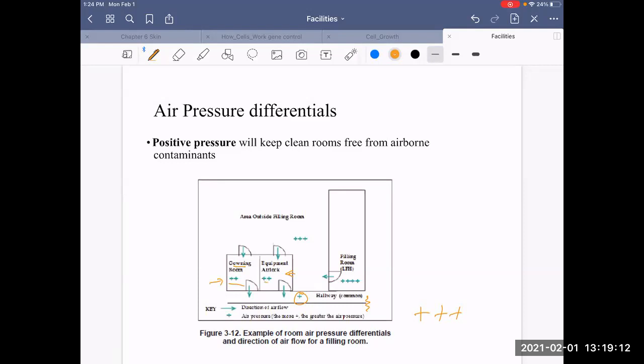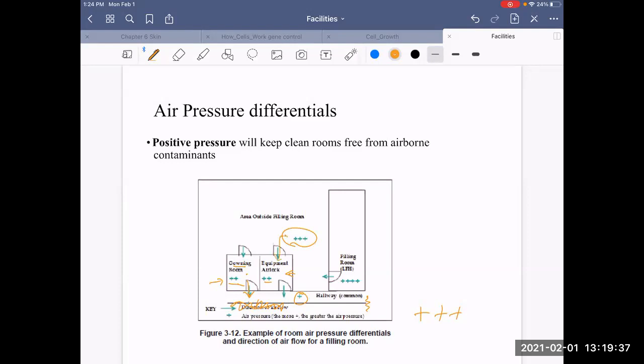Okay, the air is going to always flow from an area of higher pressure to an area of lower pressure. Okay, so when I open this door, the air is going to come out when I walk in there. So that's going to keep any particulates that are out in the hall from going into the gowning room. Okay, then there's an intermediate room. So the area outside the filling room has got three pluses.